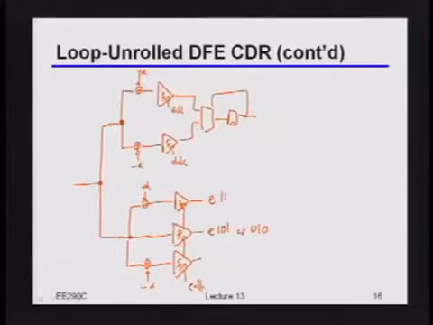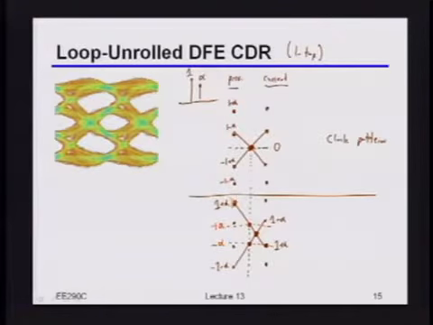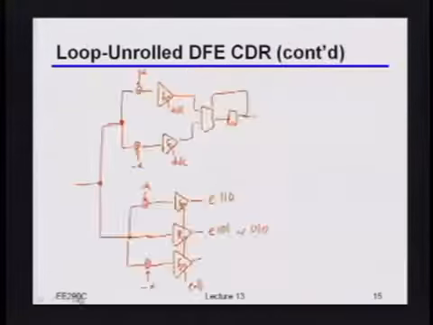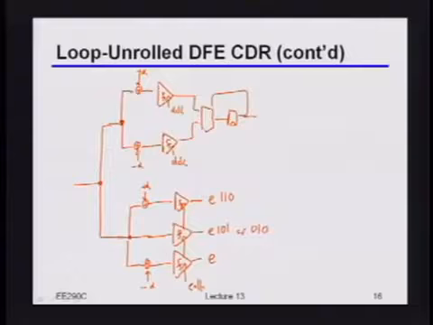Yeah, this would be a 110, because if you look at the arc over here, the only way I can get to that top point is if both the previous bit and the bit before it were 1, and then I had a 0. Similarly, for that bottom one, what's the data pattern you're looking for? 001. Yeah, 001.